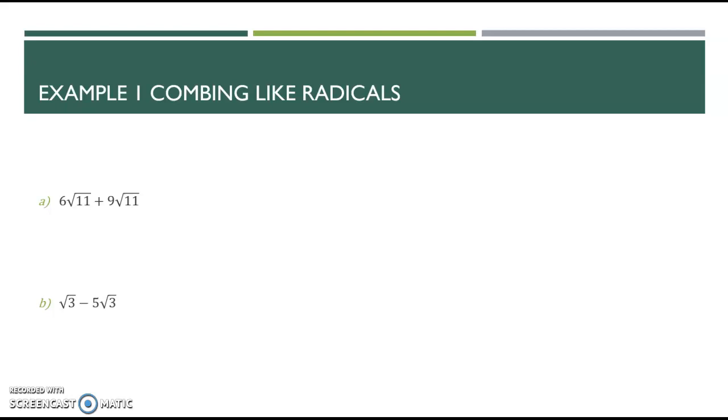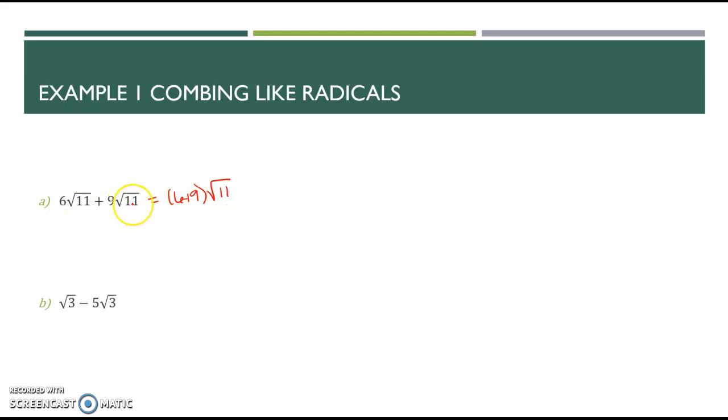So we can only combine like radicals, meaning the inside of our radical, our radicand, has to be the same number in order for us to add, or subtract. This first one, I am now going to treat as 6 plus 9 radical 11.